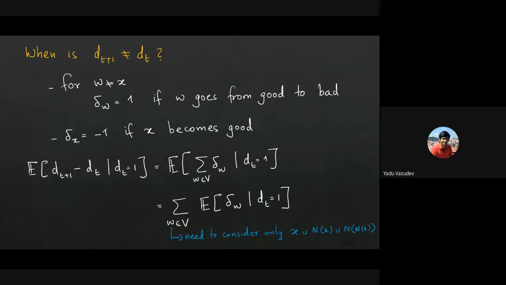For the others, nothing is going to happen; even if you change them, the difference is not going to change. We only need to worry about edges incident to x, or edges incident to vertices adjacent to x. That's what we are going to do.